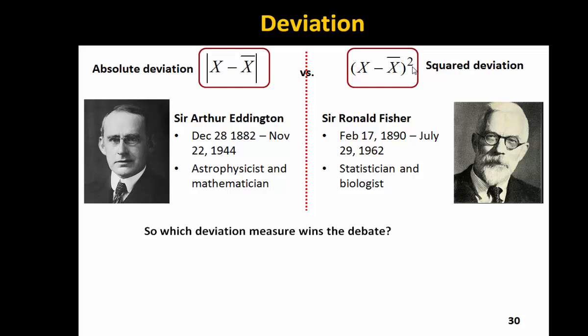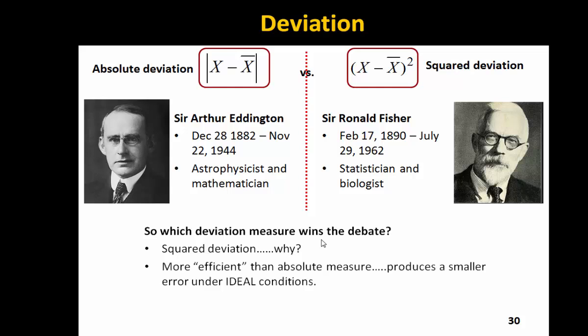In terms of which deviation measure won the debate, the squared deviation proposed by Sir Ronald Fisher is the one that was eventually used, and it led to the development of further statistical tests throughout the 20th century. Mathematicians determined that this was a more efficient approach than using the absolute measure, because in the long term it tends to produce smaller errors under ideal conditions, at least mathematically.